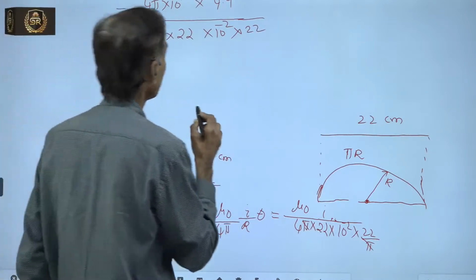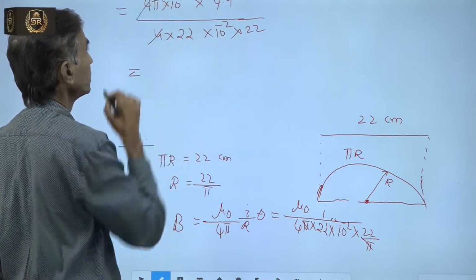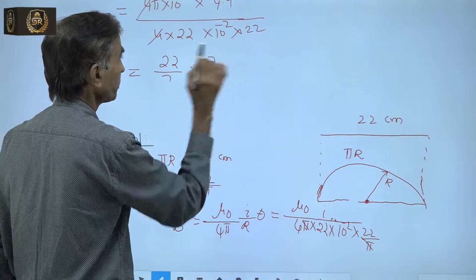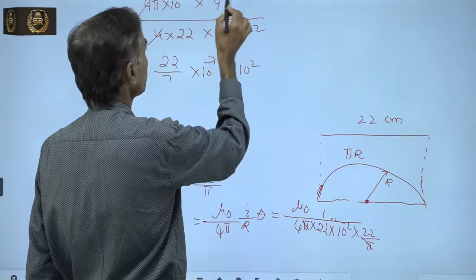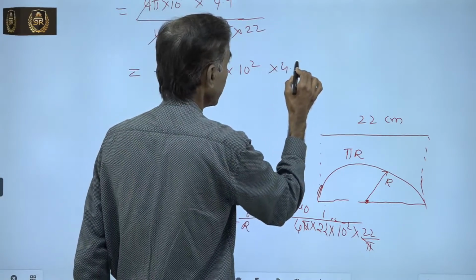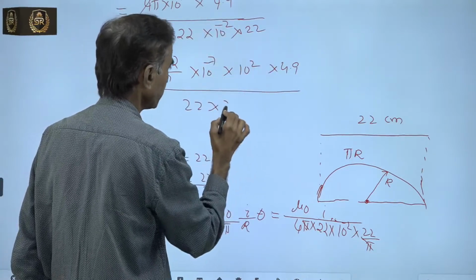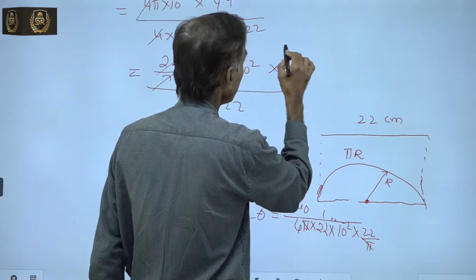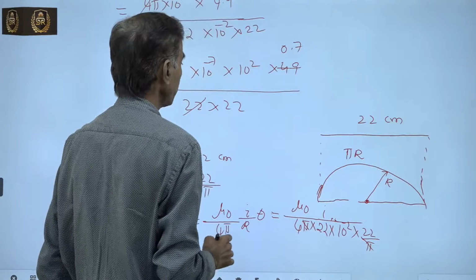The 4 gets cancelled, and this 10 power 2 will be brought to the numerator, into 4.9 divided by 22 into 22, with the 22s cancelling.